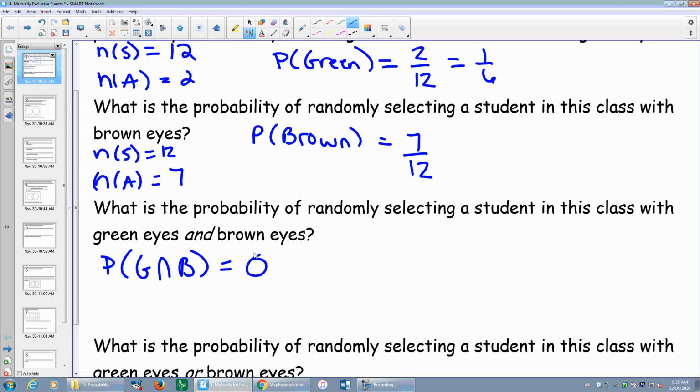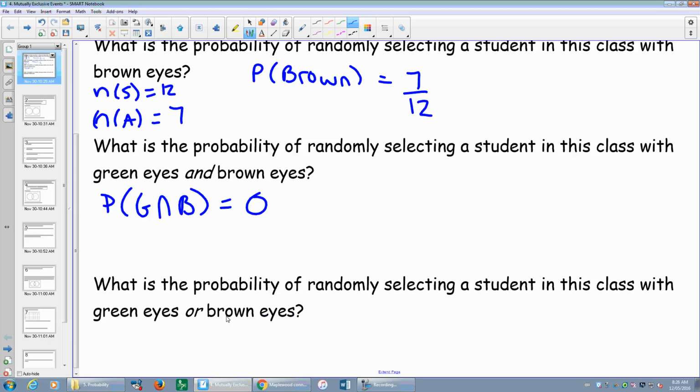So I have here, what is the probability of selecting a student in this class with green or brown eyes? So again, and is different than or. If I want the probability of green or blue, Spencer, what do you think you would do for this? Very good.